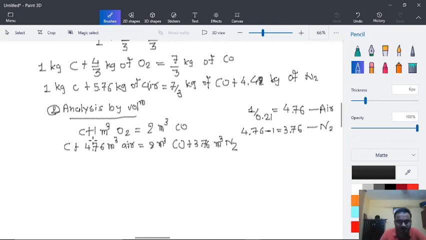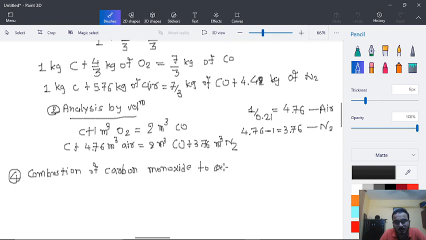Now next is our fourth case of combustion, that is CO combustion, combustion of carbon monoxide to carbon dioxide.